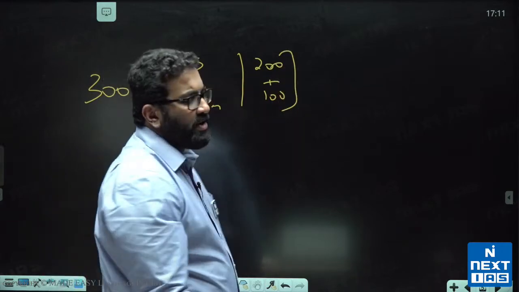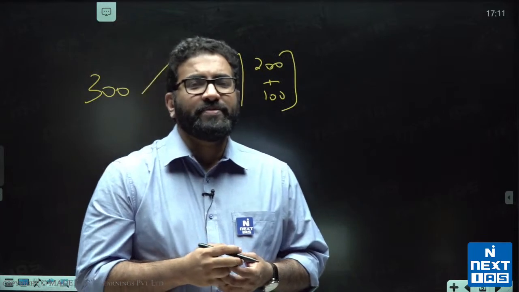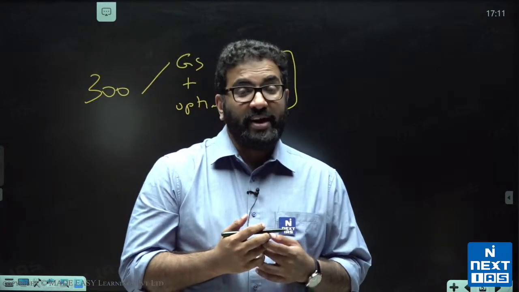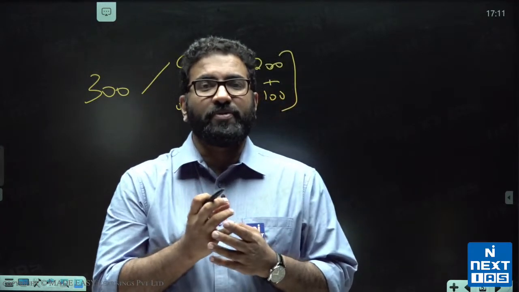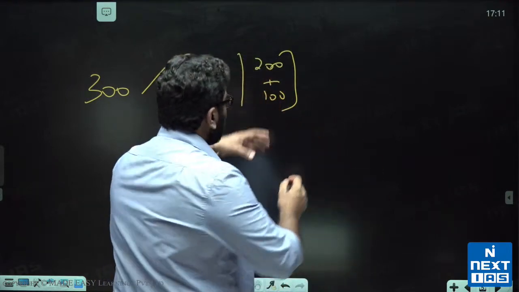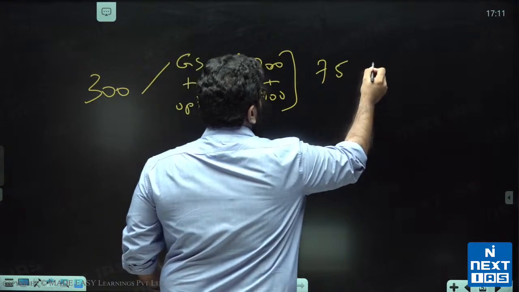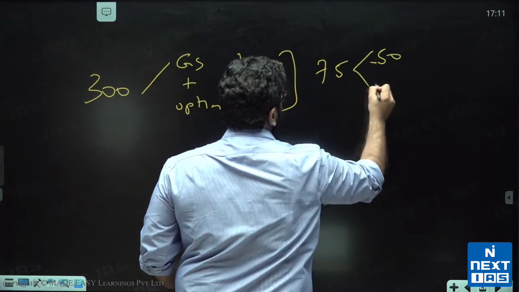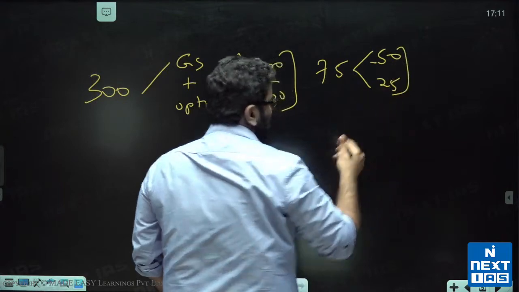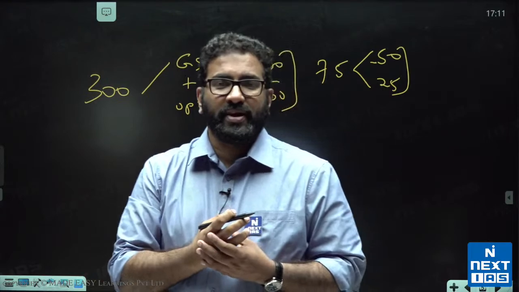Now, if you have to cover 300 marks every month, this is basically 75 marks of content every week. I'm quantifying it because I want you to follow a schedule or a pattern. When you have 200 marks, you have 75 marks to cover, which will again be 50 marks of GS and 25 marks of optional, something around this. If you're going to micromanage this, this is what it eventually comes down to, right?